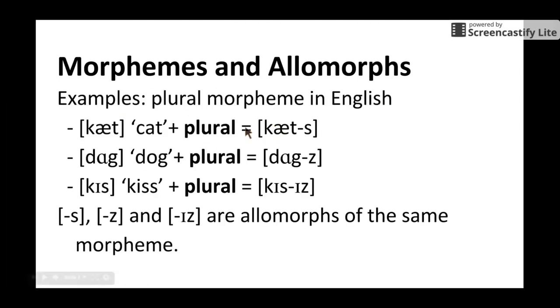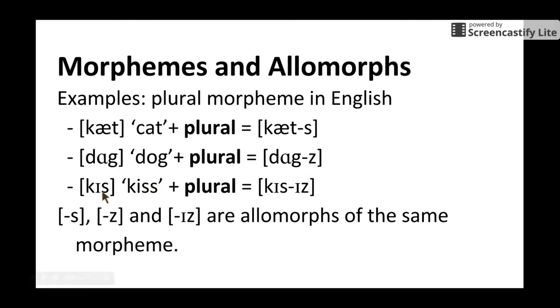Here's an example. We have the plural morpheme in English. And actually we have three variants of this plural morpheme. When we have a voiceless sound at the end of the root, we get s. If we have a voiced sound at the end of the root, then we get z, dogs, right?